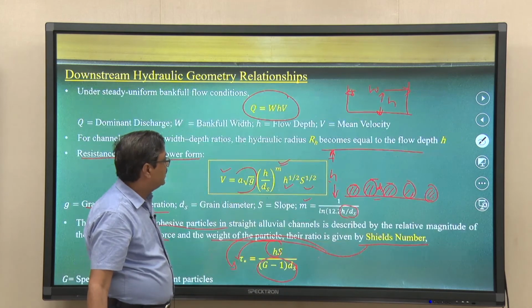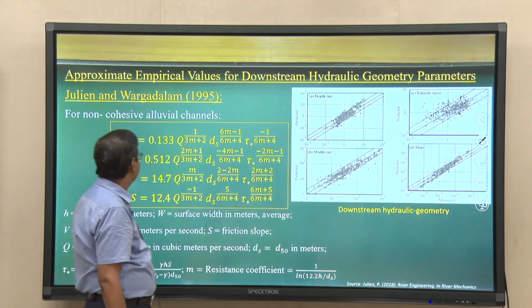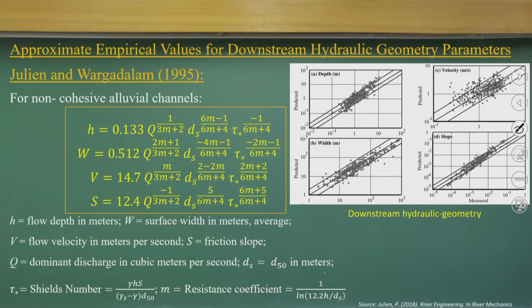Now, the next part is quite interesting, which is given by Julien and Wargadalam in 1995. The relationship between flow depth, width, velocity and slope is a function of Q, ds and tau star.